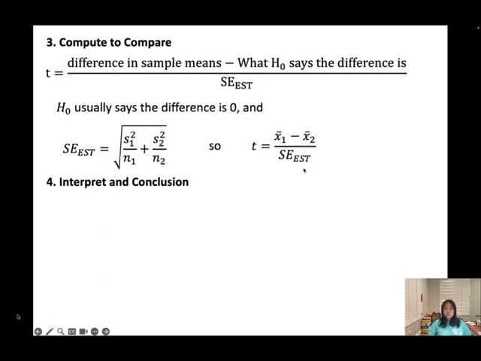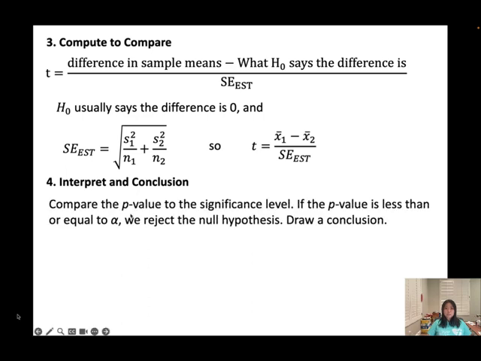So that will be the formula. We'll be using the t-distribution, okay? But I let you guys use the calculator to find the test statistic. And then use your calculator to find the p-value. Compare with your significance level. If the p-value is less than or equal to the significance level, then we reject the null hypothesis. And then make sure you guys draw the conclusion.